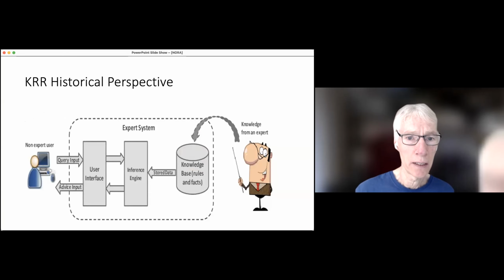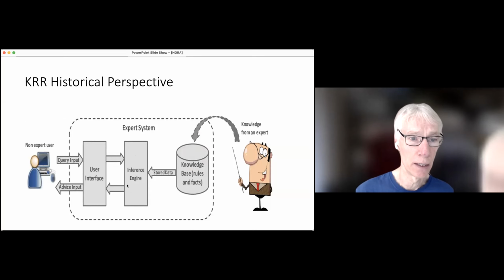And if we look at the architecture that was described at the time for expert systems, we can see that we already have all of the components we would expect in a modern-day knowledge representation and reasoning system. We have knowledge captured in some sort of knowledge base consisting of rules and facts.